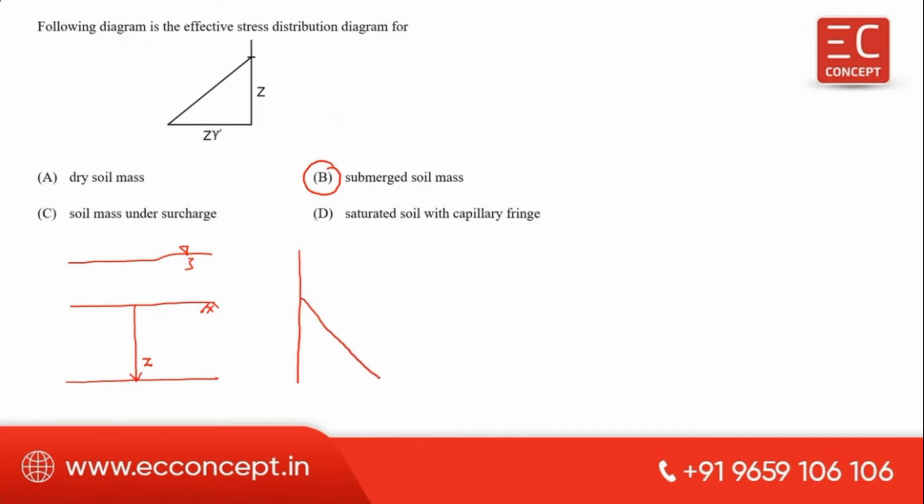So if you draw the effective stress diagram at this point, you will get gamma dash into Z. The effect of this water which lies above the ground level will not affect the stress below the ground. So answer B is correct.